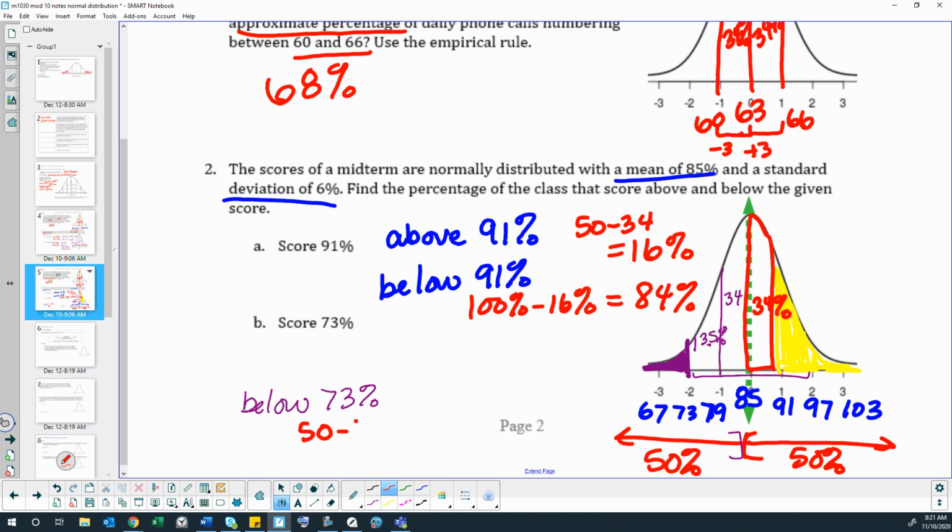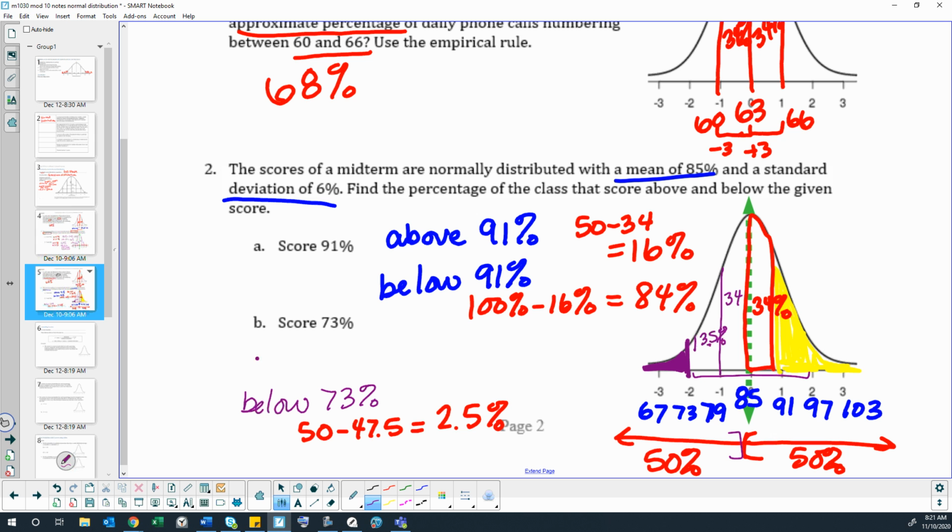I can take 50, subtract 47.5. About 2.5. So 2.5% of the class had scores less than 73. That's pretty good. That means most people passed, right? Because that's like a C.